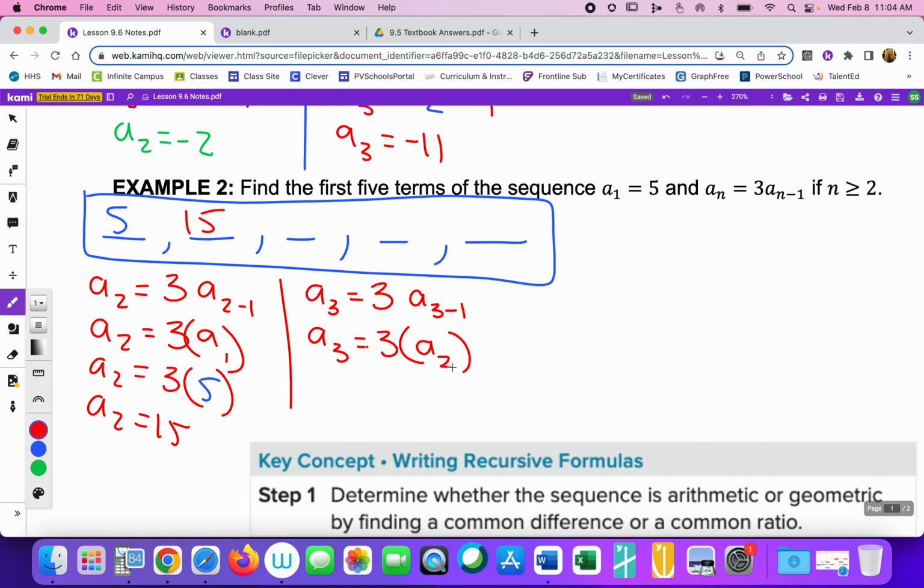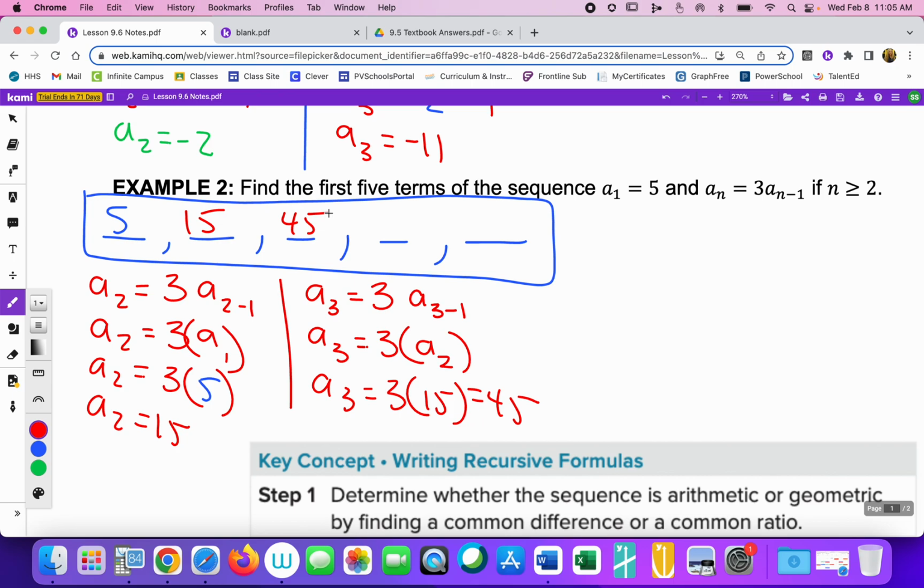Second term is 15. 3 times 15? 45. Okay. If you notice here, it is 3 times the previous term. You can show me it once, and then you can apply it. But I better see it at least once. If I just see you write down the sequence, I'm not giving you squat for that.